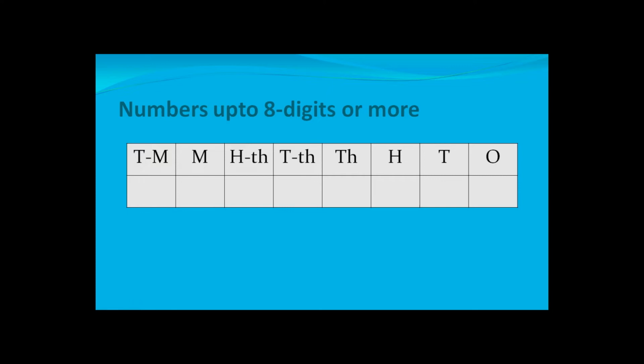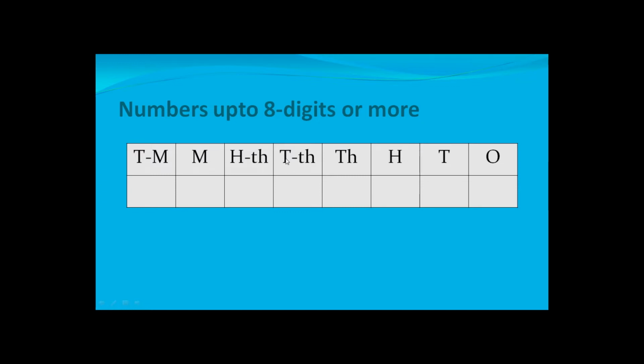Numbers up to 8 digits or more. You can see over here there is a table, and this is a place value table. There are different place values which we start from the right side. O stands for ones, T for tens, H for hundreds, TH for thousands.